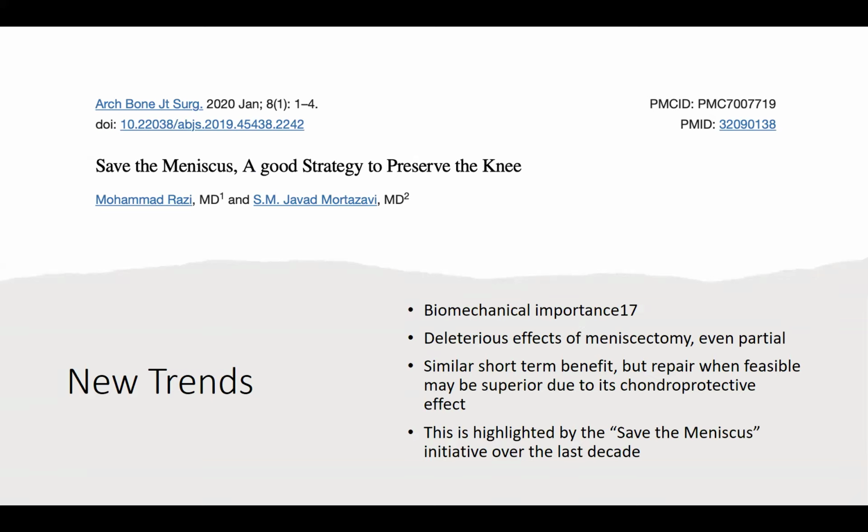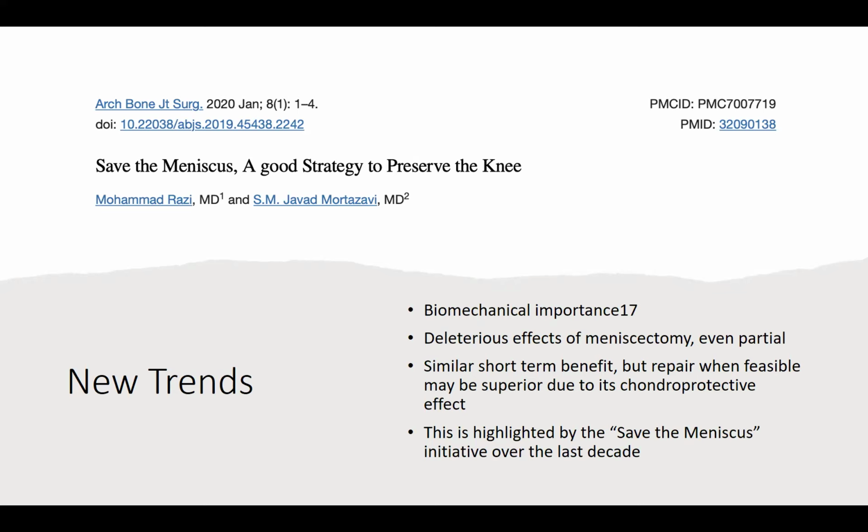So given our improved biomechanical understanding in modern day, we seem to understand the importance of the meniscus and have shifted our treatments and our plans toward repair, essentially. As previously alluded to, even arthroscopic partial meniscectomy can have negative long-term effects on function and development of arthritis.